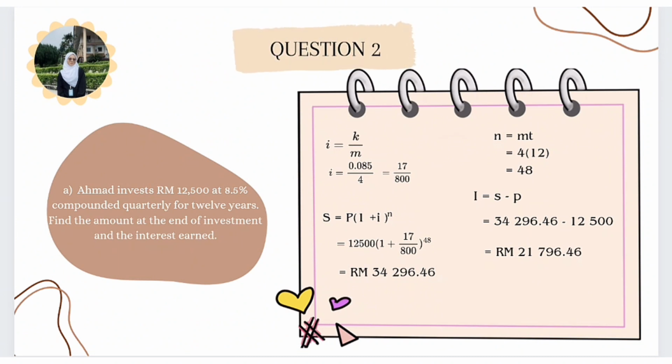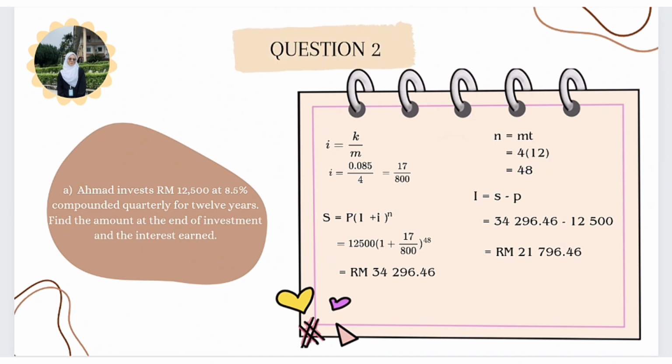For i, the formula is i equals k divided by m. i equals 0.085 divided by 4, equals 17/800. For n, the formula is n equals mt. mt means m multiplied by t. 4 multiplied by 12 equals 48.